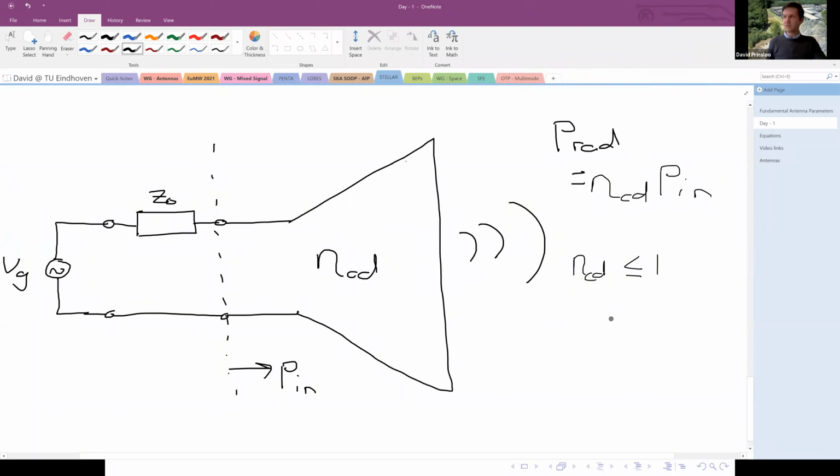So if we go back to the definition of gain, it says it's in terms of the input power.